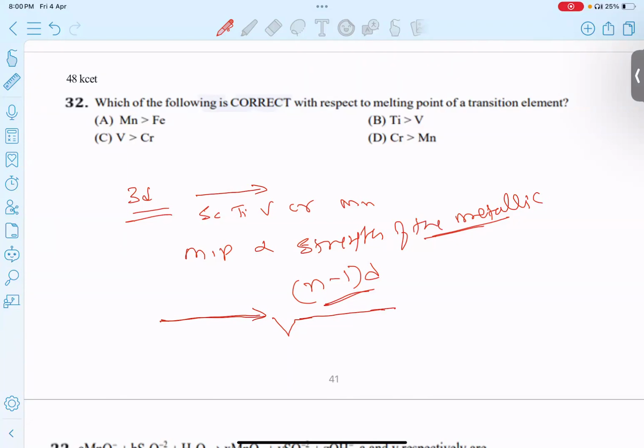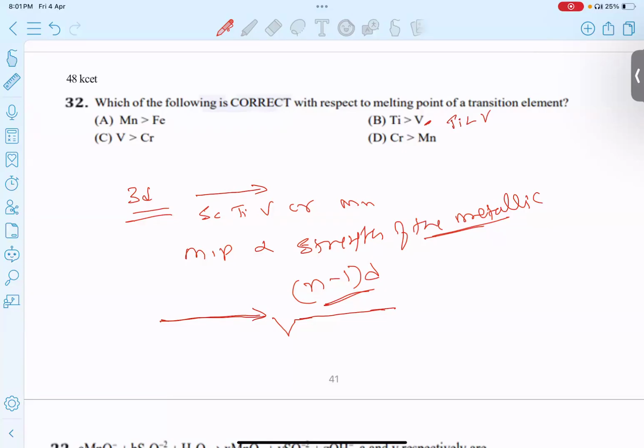Manganese melting point is greater than iron. That is not correct. Manganese melting point is less than iron. Titanium melting point is greater than vanadium. That is not correct. Titanium melting point is less than vanadium.